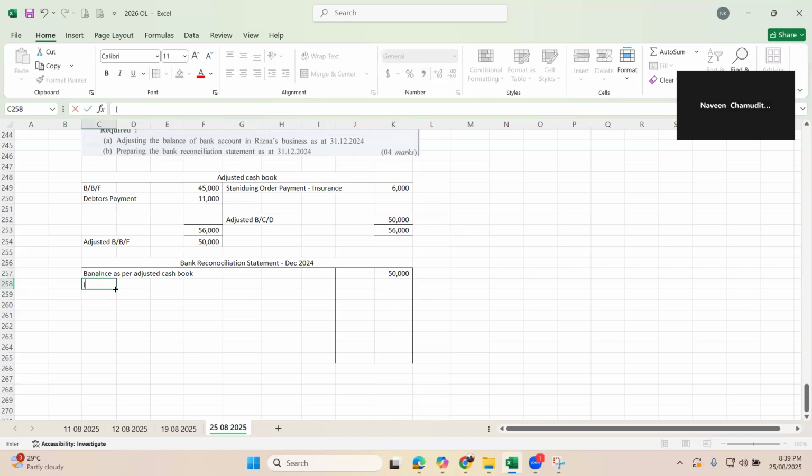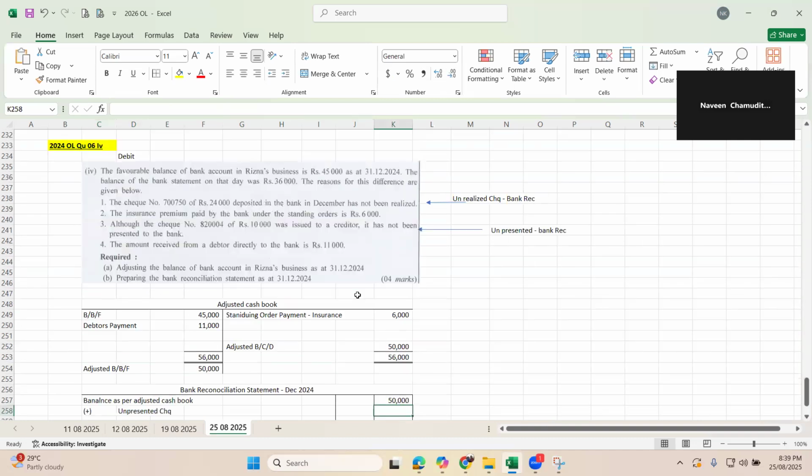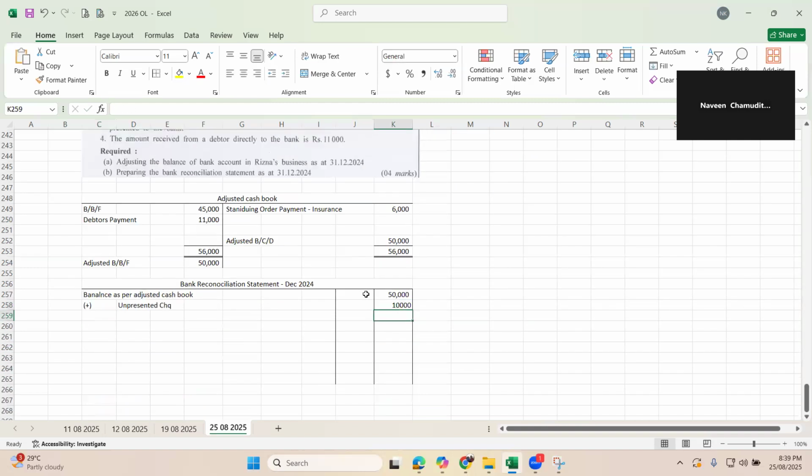Then, as I said earlier, you must add unpresented checks. How much is the value of the unpresented check? Here you have to refer to the top information. So unpresented checks came to 10,000. Then minus the unrealized check.